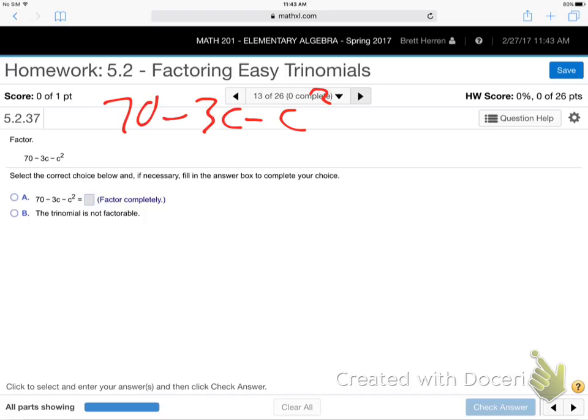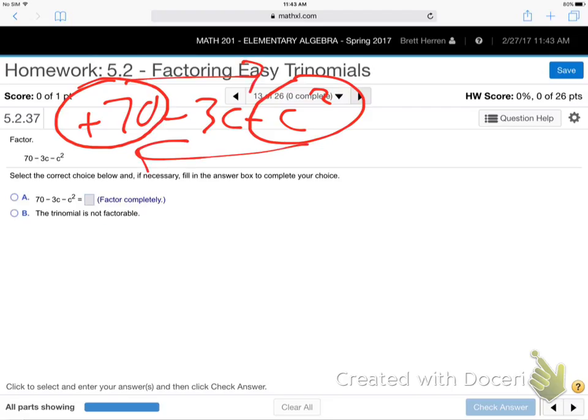Whatever sign is in front, take it with them. The negative is in front of the c squared. What's in front of the 70? Positive. Nothing, which means positive. So when you switch those, it'll become minus c squared minus 3c plus 70. Is everybody good so far?